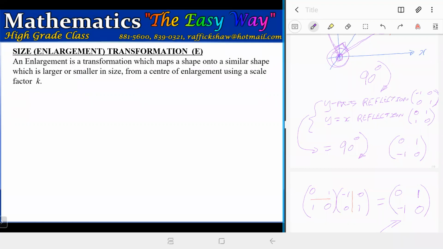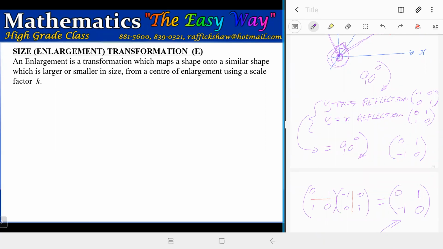An enlargement is a transformation which maps a shape onto a similar shape, which is either larger or smaller. It doesn't matter; it is still called an enlargement, and it takes place about a center of enlargement and uses a scale factor.